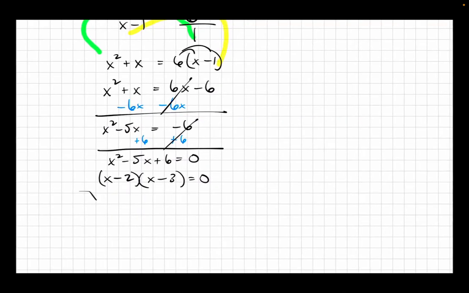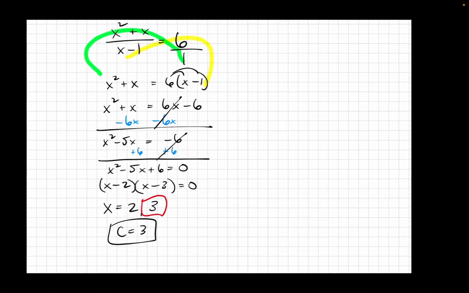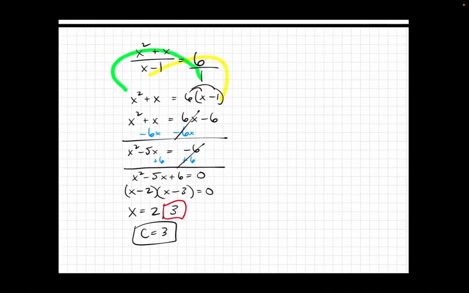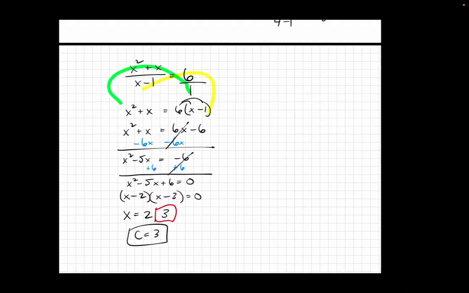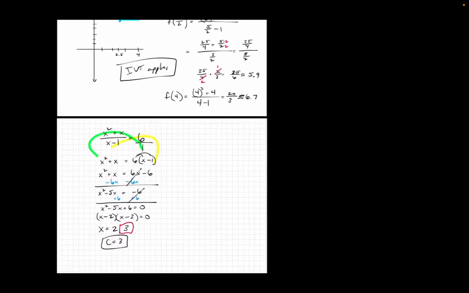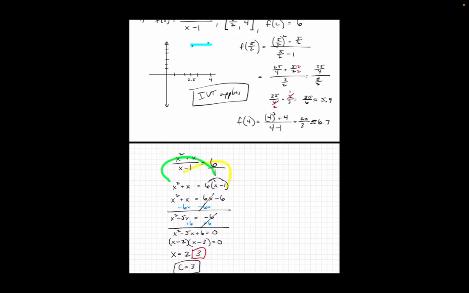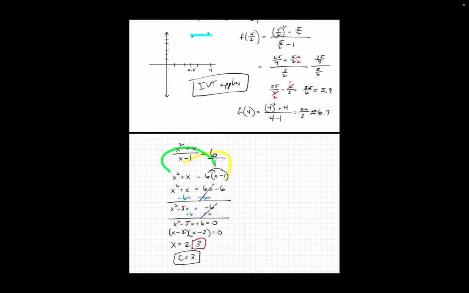So you're going to get two answers because it's a quadratic, but the only one we can use is positive 3 because it's within the interval. So c equals 3. That's where it's going to cross, at x equals 3.